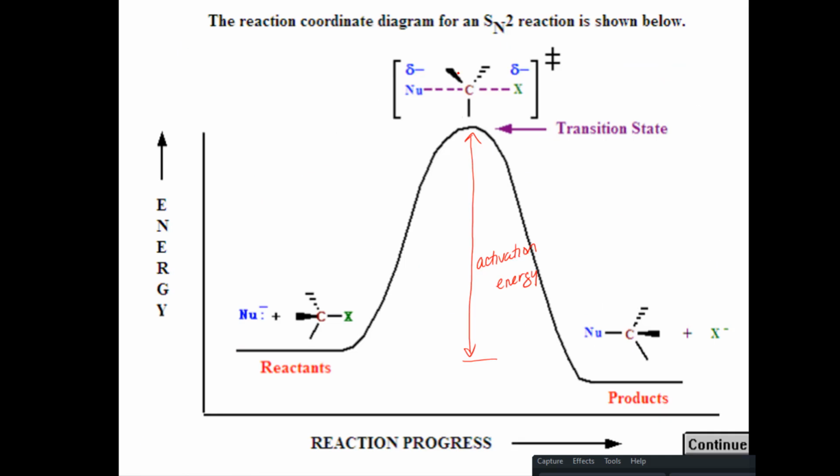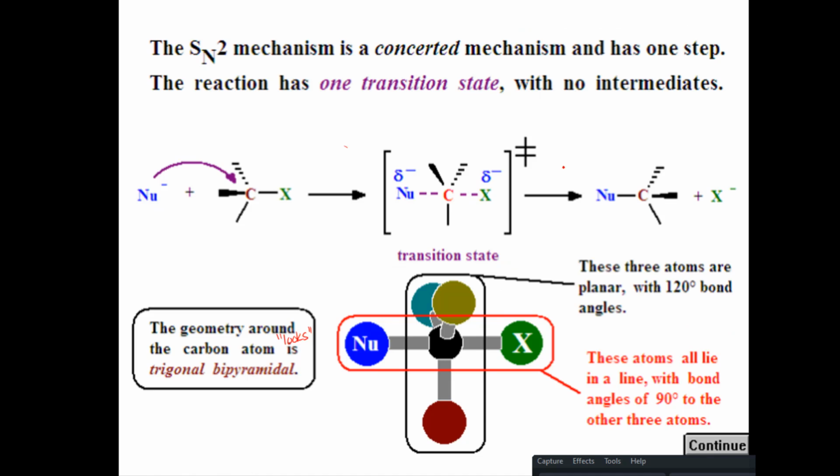We go back to our mechanism. What is the key step in the mechanism? Well, this is a 1-step reaction. So let's come back here. Here is my 1-step concerted mechanism. How many reactants are there in this? There are 2, the nucleophile and the alkyl halide. That makes this a bimolecular reaction.